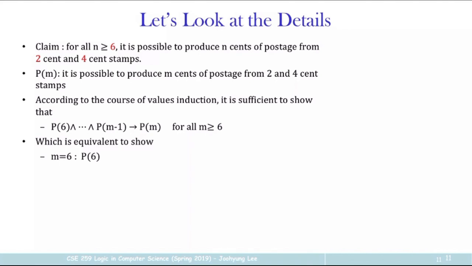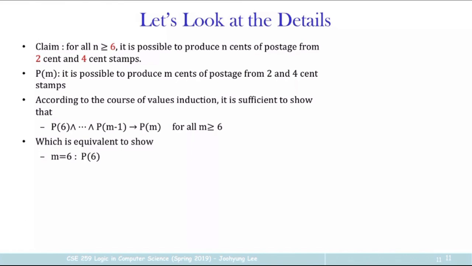So let's see, m equals 6. P of 6. Is it true? We have to prove P of 6, right? Because when you try to prove P of 6, this is empty. There are no preceding numbers that are less than 6 and starting from 6. There are no such cases, so there is no induction hypothesis that we can use. So you have to prove P of 6 directly.